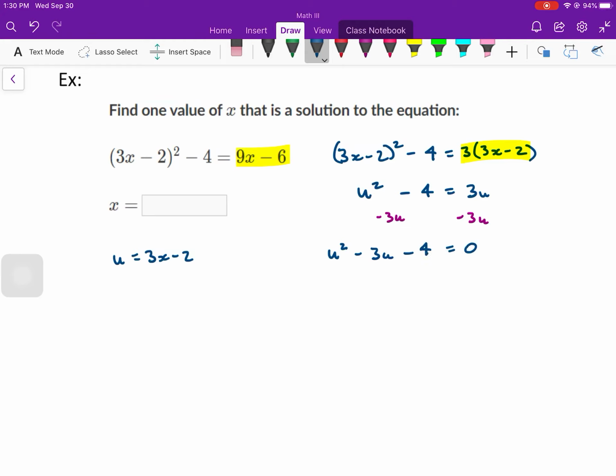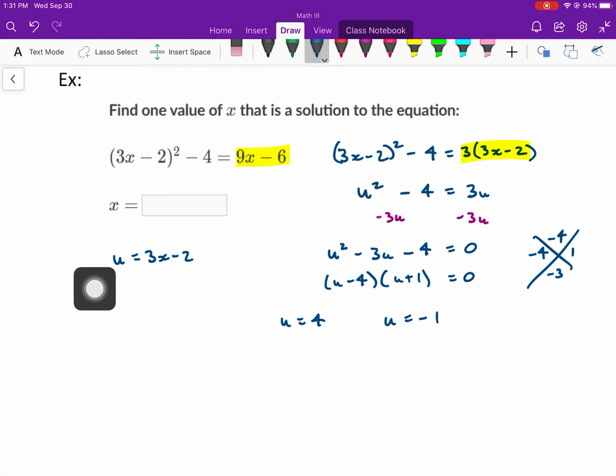And then if we do the diamond method and factor, what multiplies to negative 4 and adds to negative 3 would be negative 4 and positive 1. So we'll have u minus 4, u plus 1 equals 0. So u equals 4 and u equals negative 1. Substitute the 3x minus 2 in for the u. Solve for x.